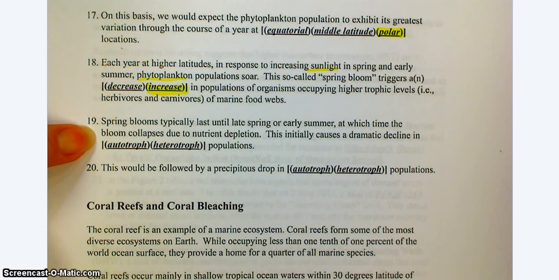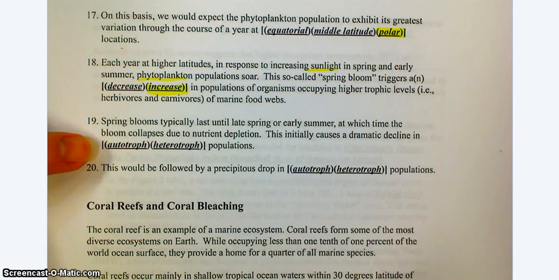Spring blooms typically last until late spring or early summer, at which time the bloom collapses. Why? Because it's used up all the nutrients that it had available. All right, so what's going to crash first? Well, no more nutrients, no more phytoplankton. So the phytoplankton population goes down first, and then when the phytoplankton population goes down, the heterotrophs are all going to follow that.